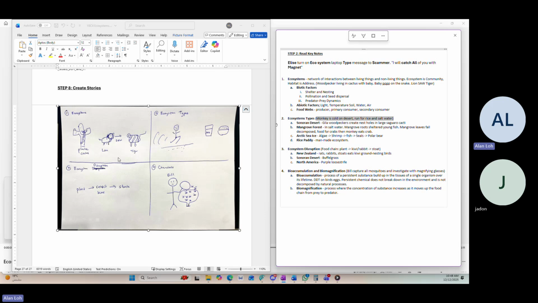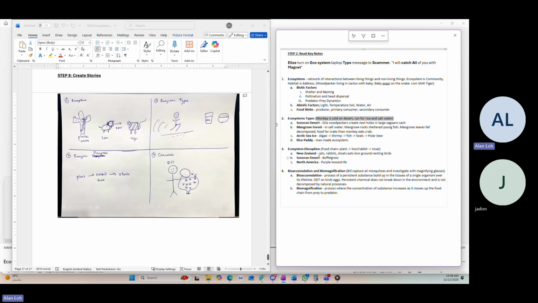Right, now let's go to drawer number 3, the disruption, or the scammer or the intruder. The story is very simple. You do not see so much drawing here because it's about the food chain. The disruption is about disrupting the New Zealand food chain. You have the plant, then the rabbit, then the kiwi, and then the stoats.